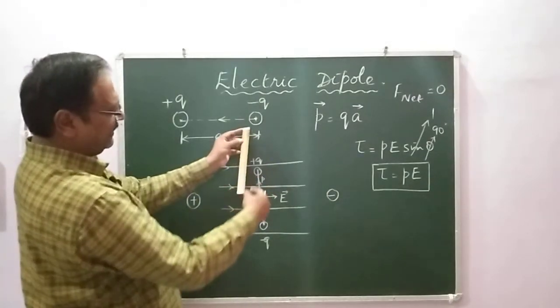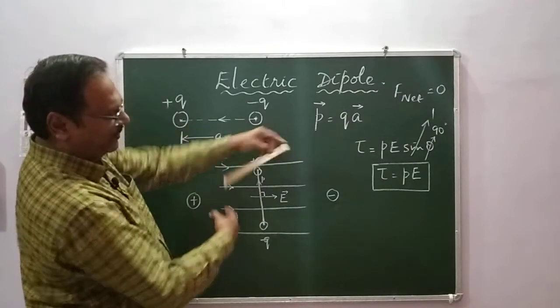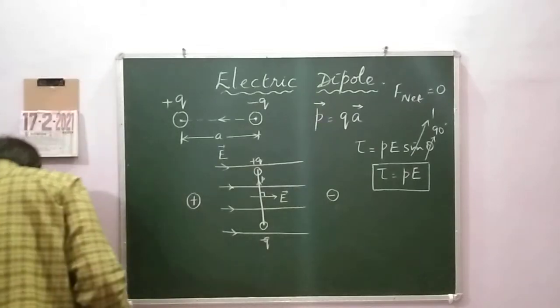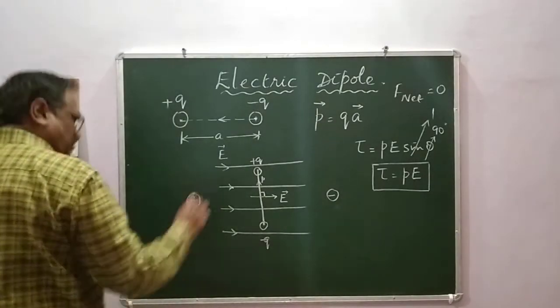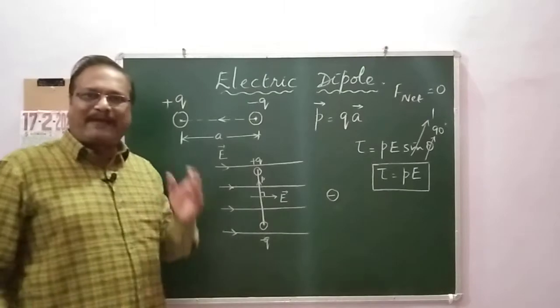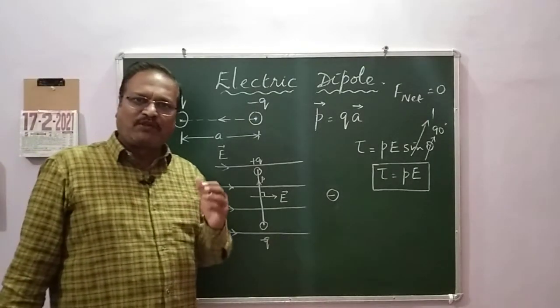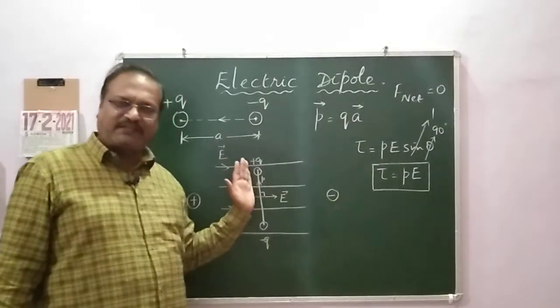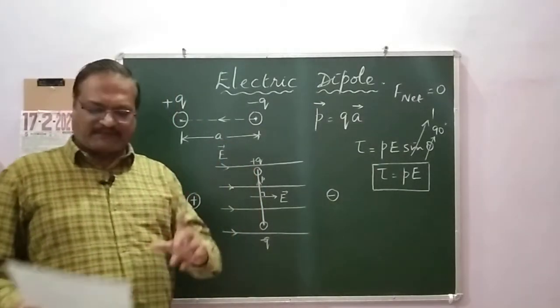But here this is acting here and this is acting there, so it sets up a rotatory motion. This is just an introduction. Maximum torque is experienced when the dipole is placed in the perpendicular position in the uniform electric field.